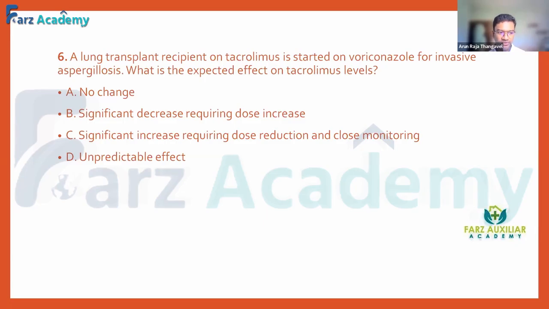What do you think? Yeah, most of you are correct. It is option C. That's because voriconazole is one of the azoles, a CYP inhibitor, so it inhibits the enzyme which metabolizes tacrolimus. The tacrolimus levels are going to go up, so you need to reduce the dose and also monitor it closely till it achieves a stable level.